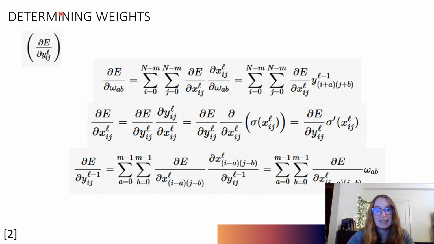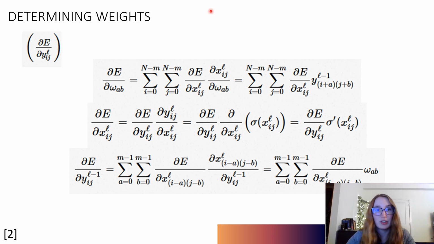However, more detailed explanation can be found in some of the references that I've linked in the description below. First we need to know that there exists an error function. In this case, we'll call this error function E. We also know that each convolution layer that exists within this given convolutional network also has an error value associated with it.